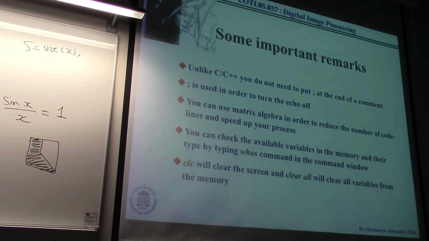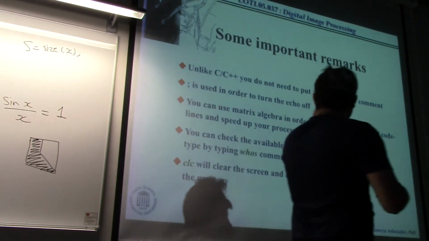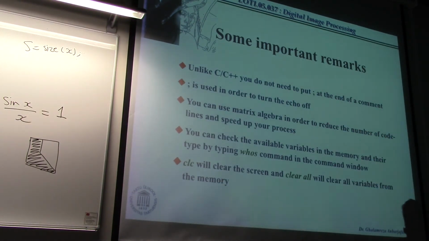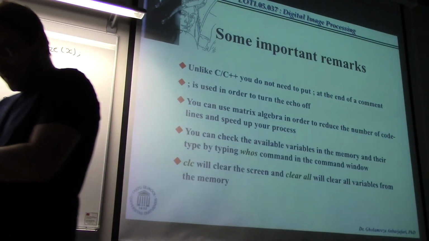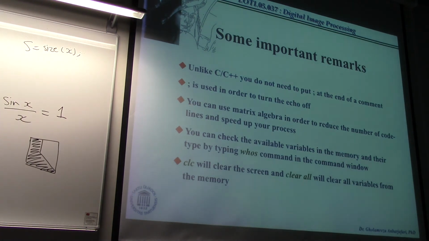Some important remarks: in MATLAB, unlike C and C++, you do not need to put a semicolon at the end. If you put a semicolon at the end, it means the echo will be off, but it is not required syntax. We can do lots of matrix algebra very easily in MATLAB. One of the best things about MATLAB is that everything is very dynamic.